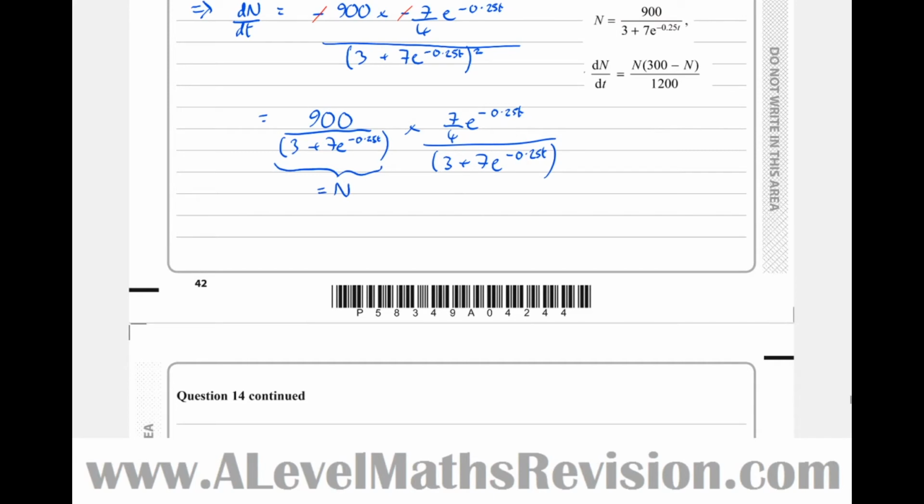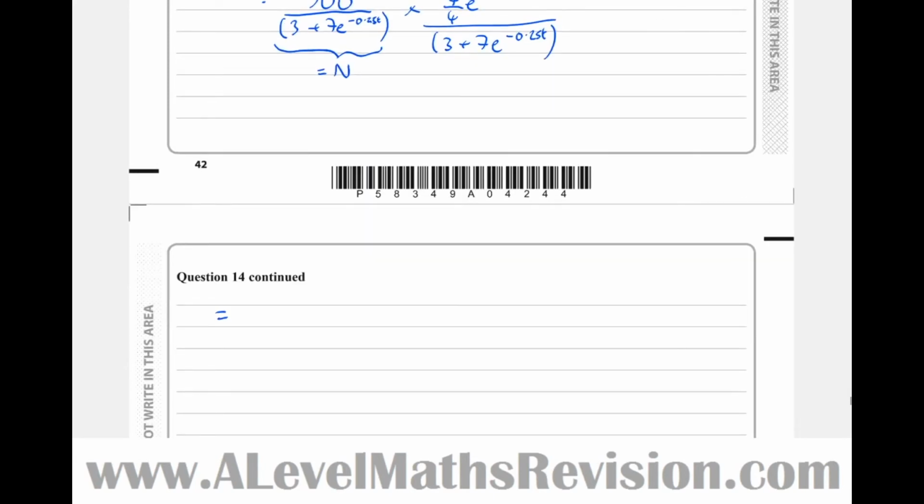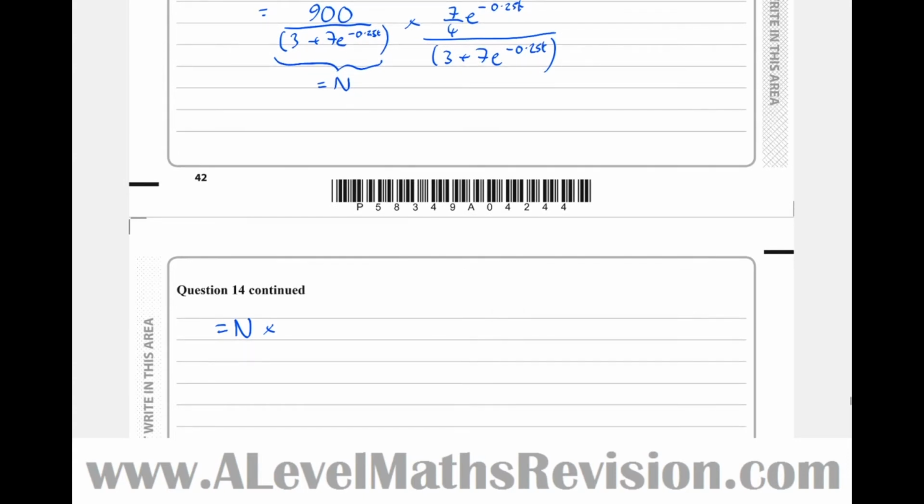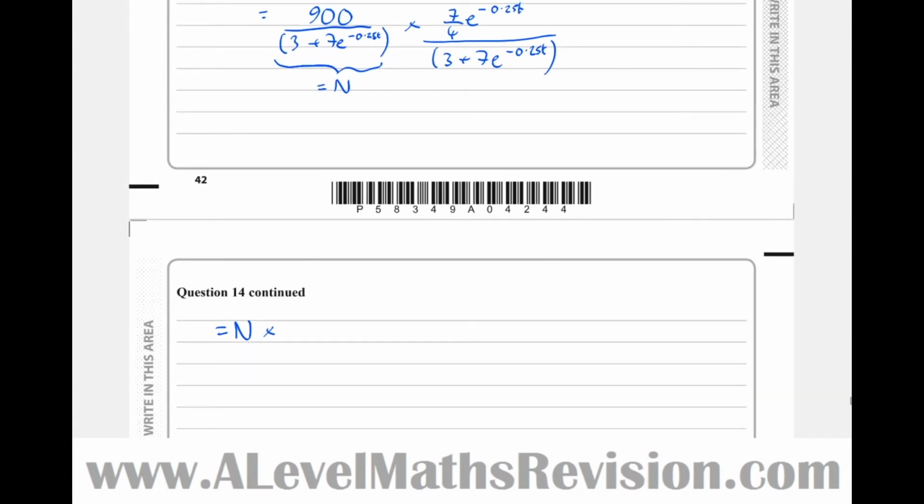So that's equal to n times, then what I'm going to do, I'm going to times by 900 over 900. So I get 7 over 4 e to the negative 0.25t over 3 plus 7e to the negative 0.25t, times 900 over 900.